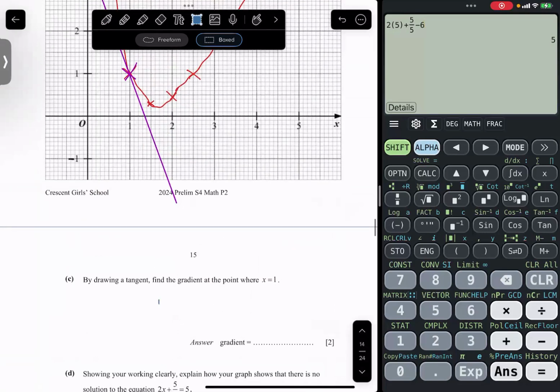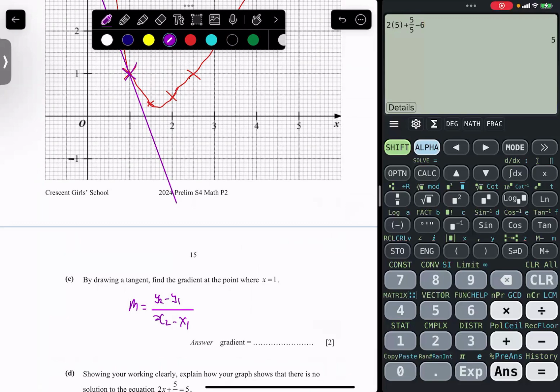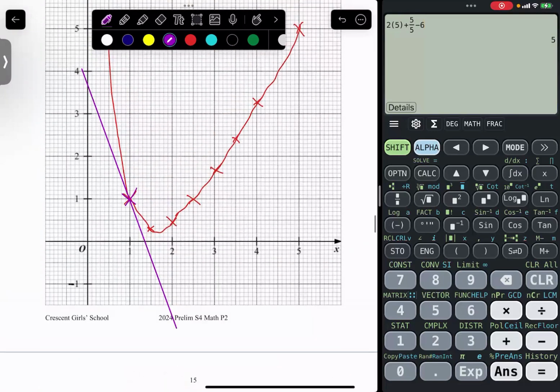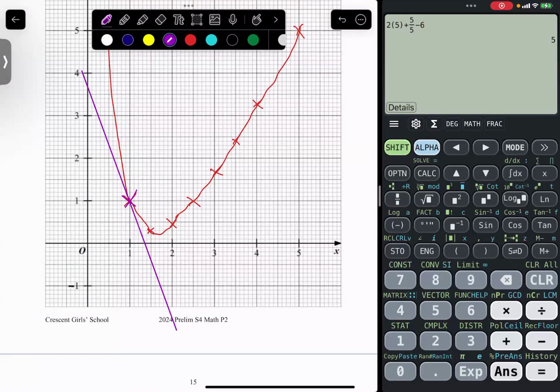So gradient equals y2 minus y1 over x2 minus x1. Okay, if you take E Math, you can differentiate it and sub in x equals 1 to find the accurate gradient. Okay, or otherwise, for here we'll take 0, 3.6, and then here we'll take something like 1.35 and 0.